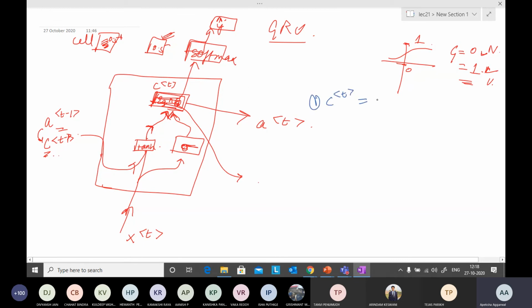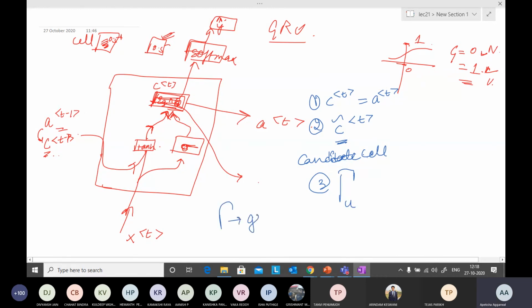The current cell state was actually the previous activation that we had. The second thing that we have is the candidate. Candidate means I will update the candidate cell state if my gate, this is the gate or gamma, is on. Gamma is a Greek letter for a gate.